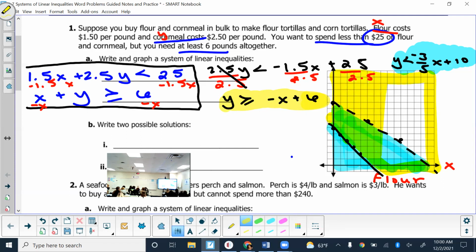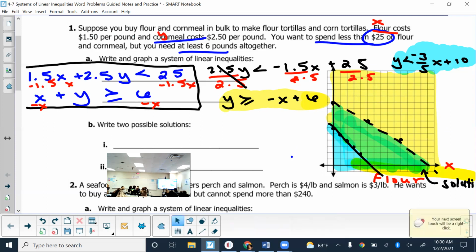All right, and then the solutions are where? Where do the solutions go? Is it just anywhere that's shaded? Where it overlaps. So for you guys, this middle piece should be nice and dark.